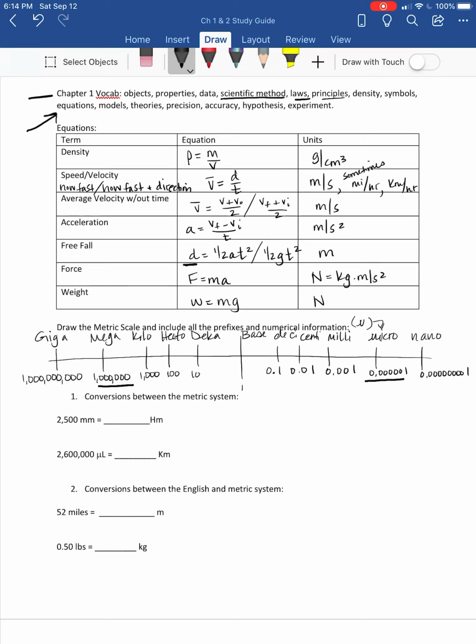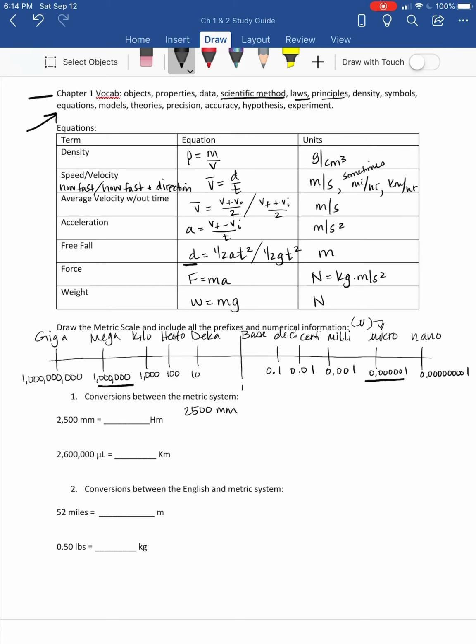Okay, so we're gonna do a few conversions now. You guys remember how we had to do conversions between the metric and metric system, and you have to use that dimensional analysis with the railroad tracks. So for this one, we have 2,500 millimeters. And if I were you, I would try to pause and try to work it out on your own and see how well you do.